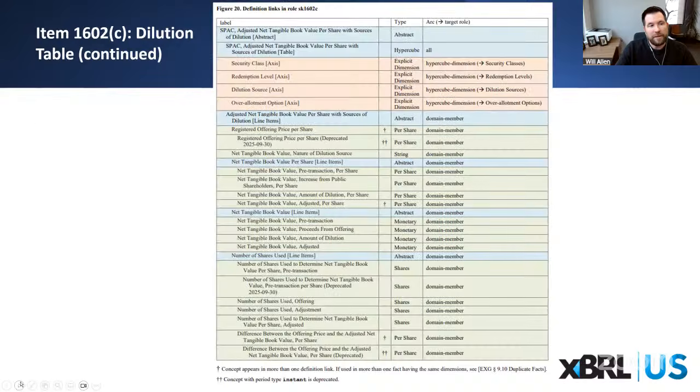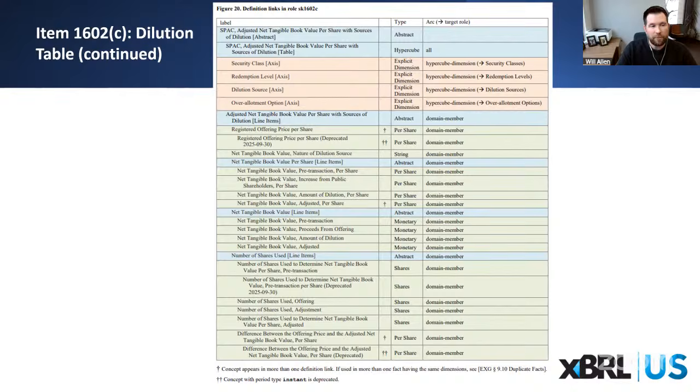there we are. You can see a screen grab out of the SPAC taxonomy guide again, and this one is again just the XBRL relationships and how they would apply to this particular table. So we've got at the very top, second row, SPAC adjusted net tangible book value per share with sources of dilution table.